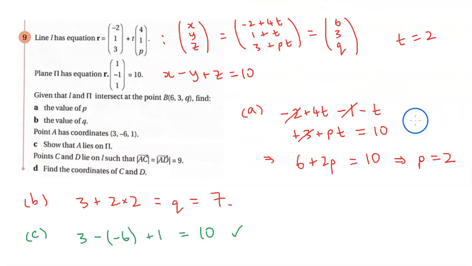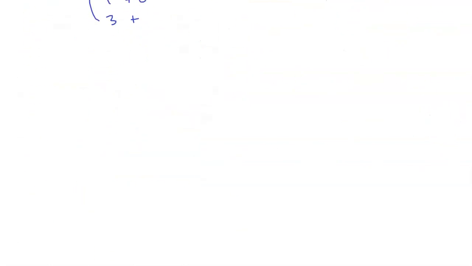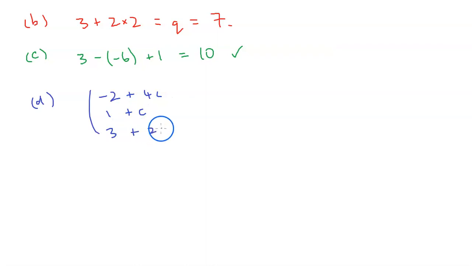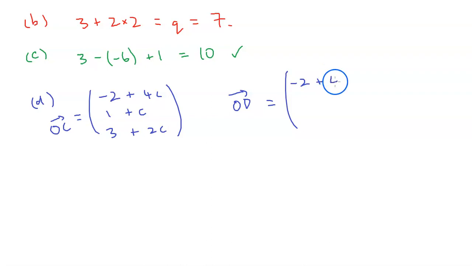We figured out that p was equal to 2, so 3 + 2c, where c is some real number. And OD is the same: (-2 + 4d, 1 + d, 3 + 2d). The point is we just have to find the possible values of c.